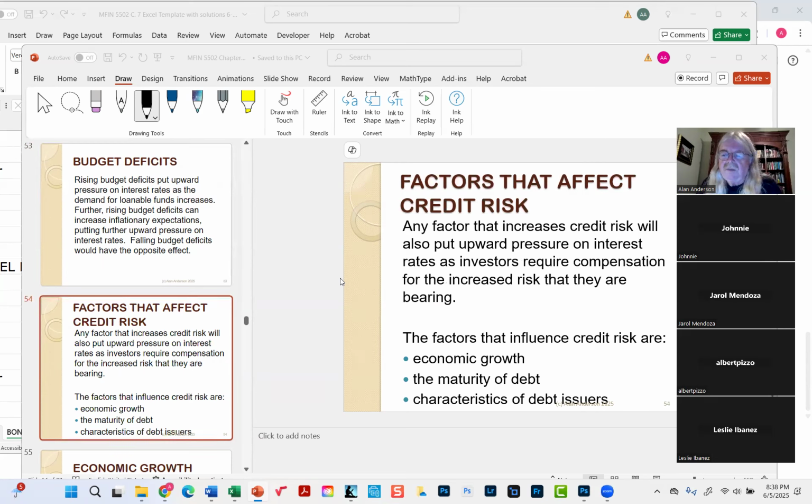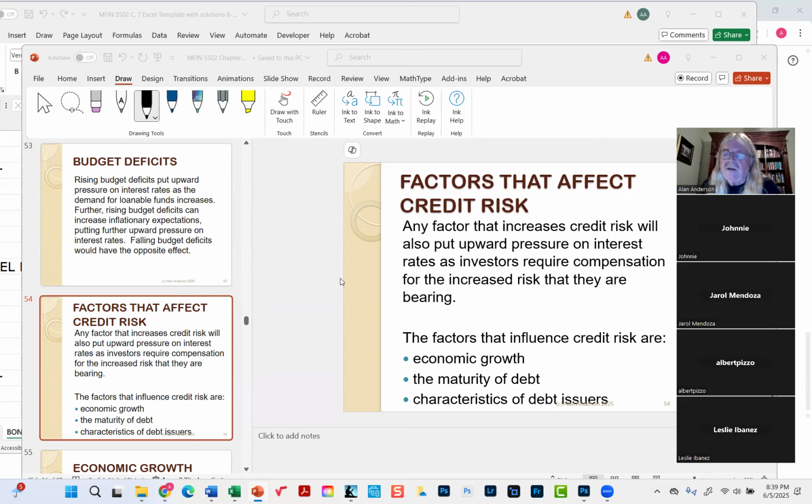Now, of course, credit risk is also affected by many different economic variables. Economic growth: the faster the economy is growing, the less likely companies are to go out of business. The maturity of debt: realistically, the sooner debt is due, the less likely a borrower is going to be able to meet the deadline.